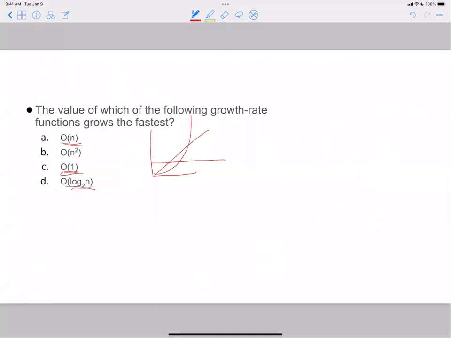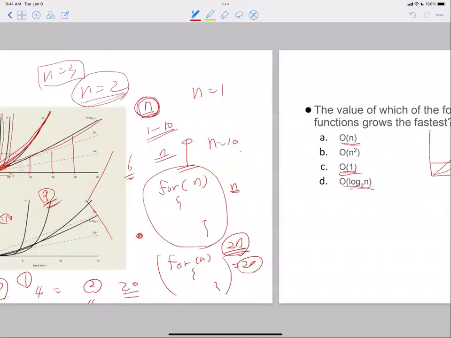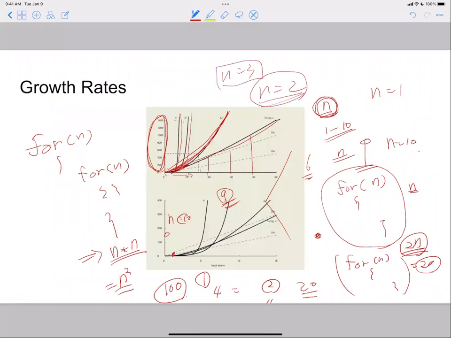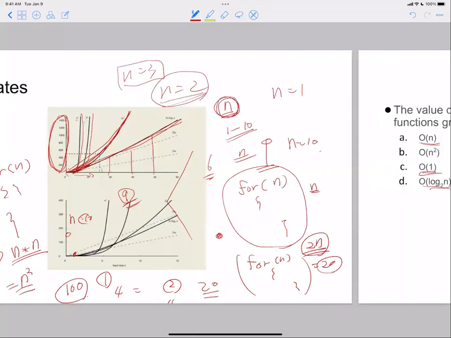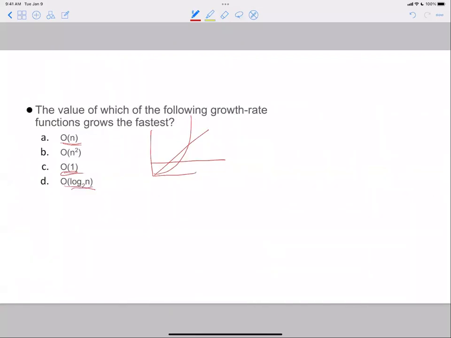This log to the base 2 of n, if you see here, is pretty slow. So with this graph, we can tell that big O n square is the answer. In this case we use big O, but from your textbook you will learn the difference between big O and big theta.